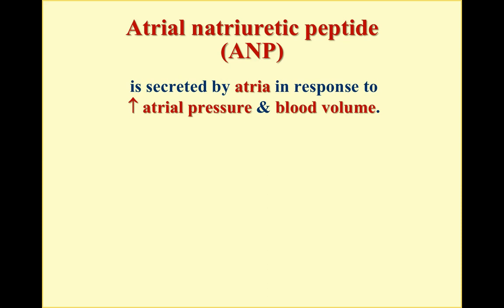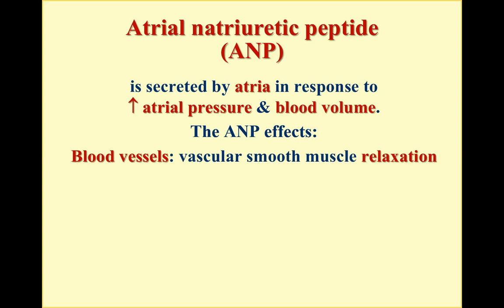So in response to strong stretching, atrial natriuretic peptide is secreted from atria predominantly. Also, it can be produced by vascular wall. The effects of atrial natriuretic peptide are variable, multiple, but the main one is decreased sodium reabsorption.